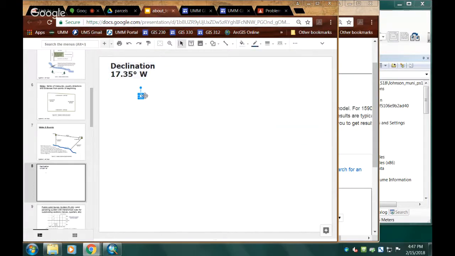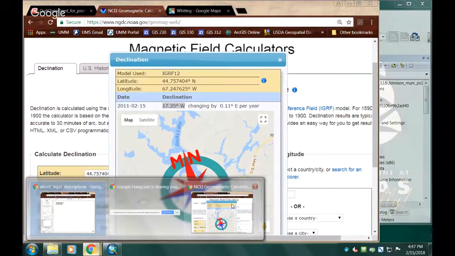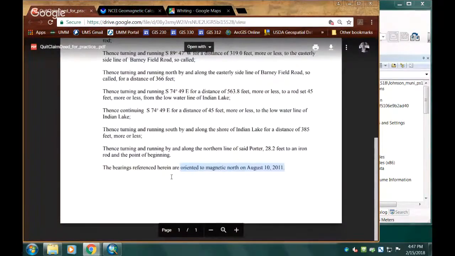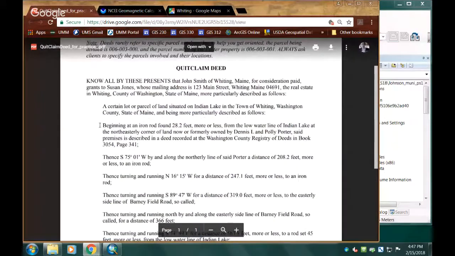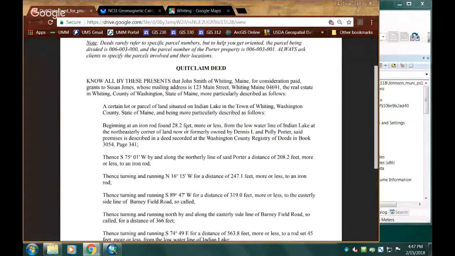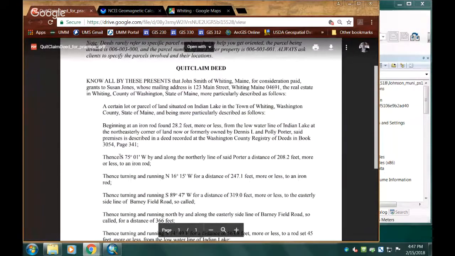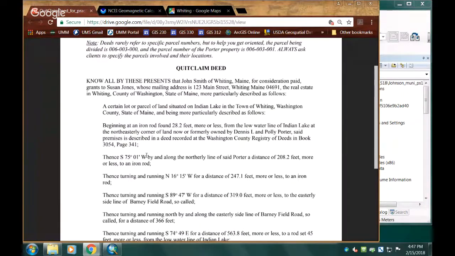And so now this first call in my deed, beginning at an iron rod, blah, blah, blah, is south 75 degrees, 1 minute to the west.